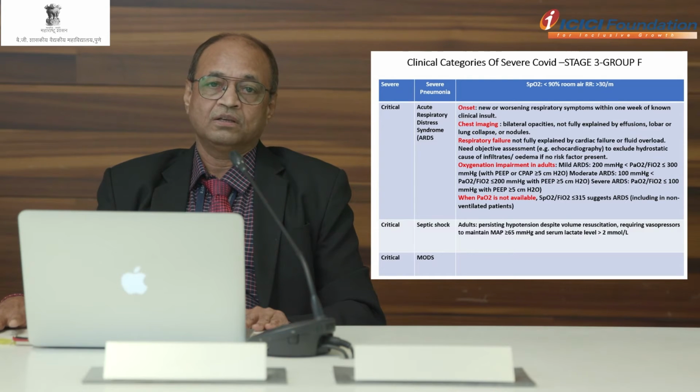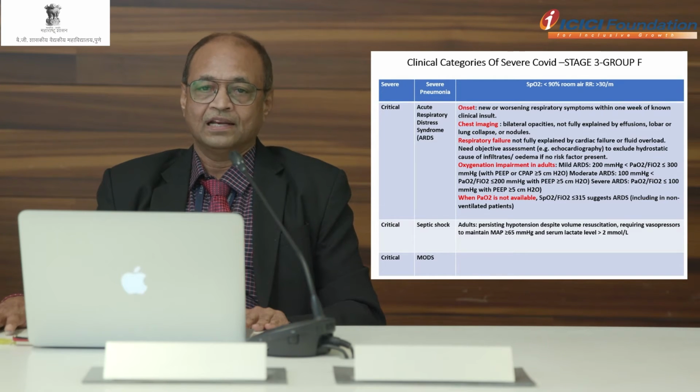The patient requires oxygen treatment, and the PaO2/FiO2 ratio, the partial pressure of oxygen in the arterial blood and the FiO2, the oxygen that we are giving in the form of 30%, 40%, 50%, we can calculate, and we can categorize this ARDS, acute respiratory distress syndrome, in three categories.